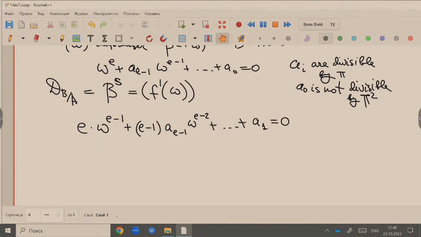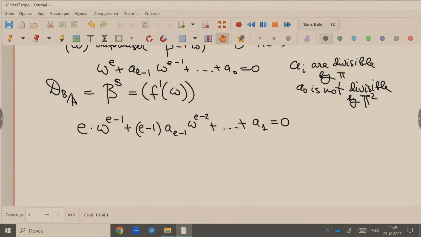What you see here, again, is the following picture: we can take the valuation with respect to omega or with respect to p. Let us take the valuation of omega equal to 1 over e as usual, which is the valuation with respect to the ideal p.